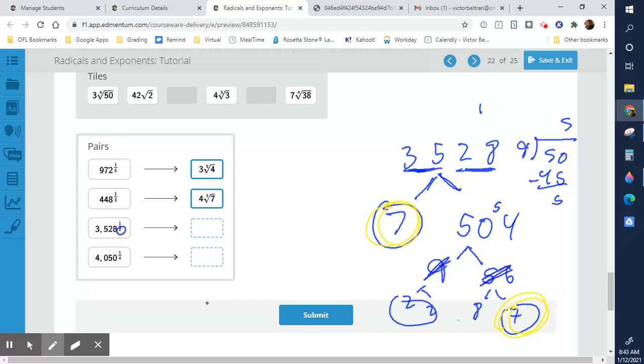So on the outside, I'm going to get 2 times the red 2 times the yellow 7, which, as I mentioned, I know is a terrible color. And on the inside, I'm going to get the square root of 2. So on the outside, I have 4 times 7 square root 2, which turns into 28 square root 2.